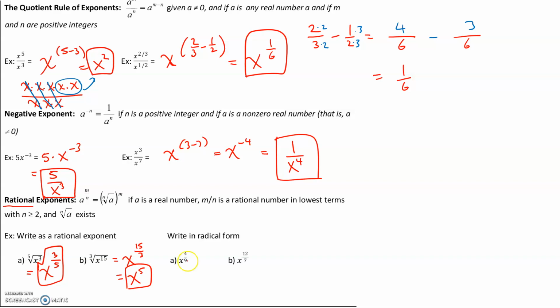Once again, the denominator is going to become the root, so we have the 9th root of x, and the numerator becomes the exponent. So we have the 9th root of x raised to the 4th power. Similarly here, the denominator is 7, so we have the 7th root of x, and the numerator is 12, so we have the 7th root of x raised to the 12th power.